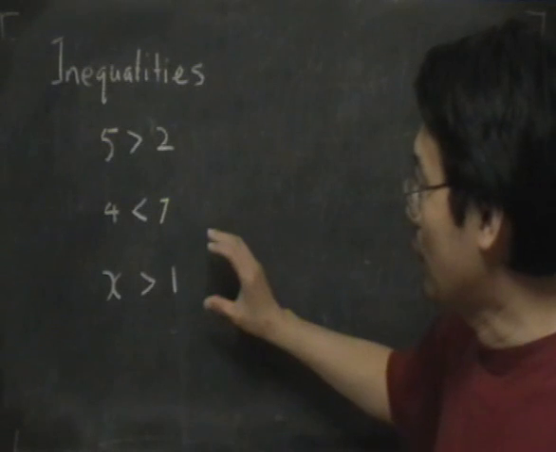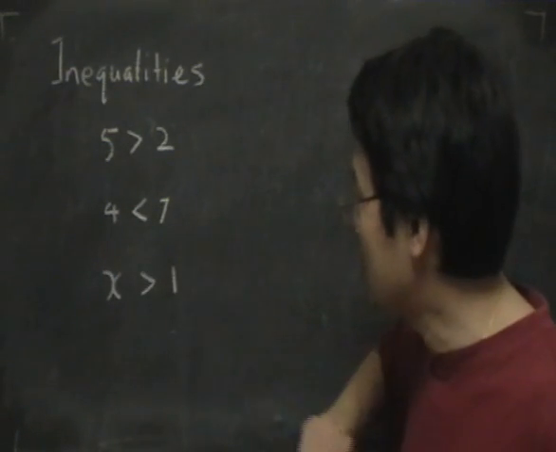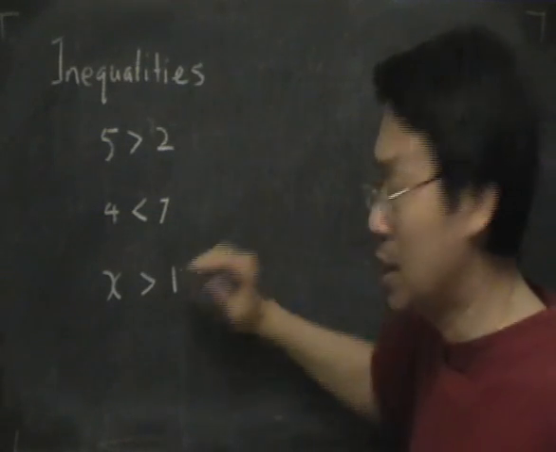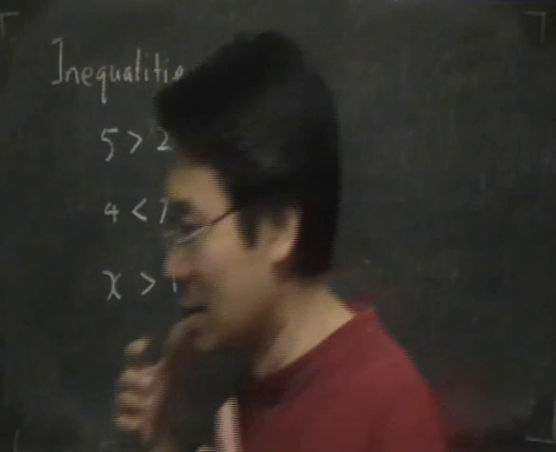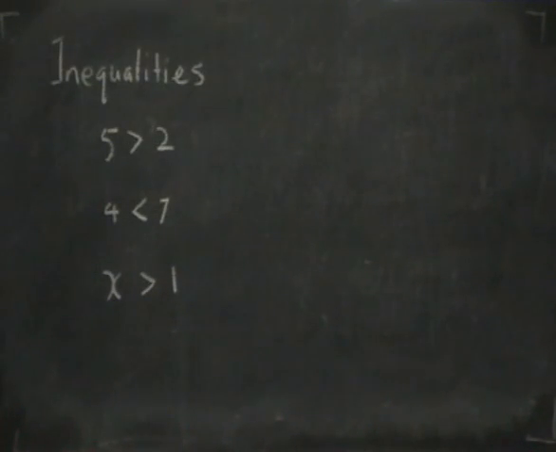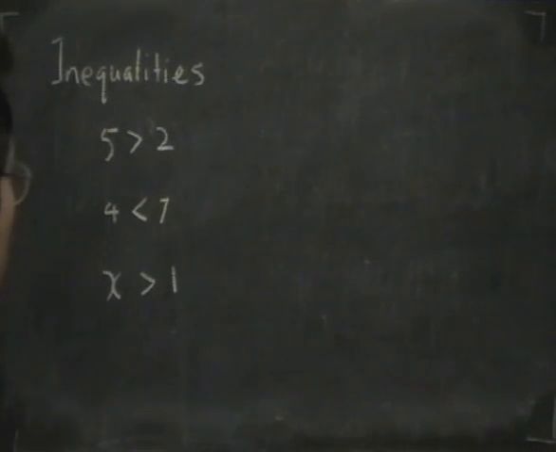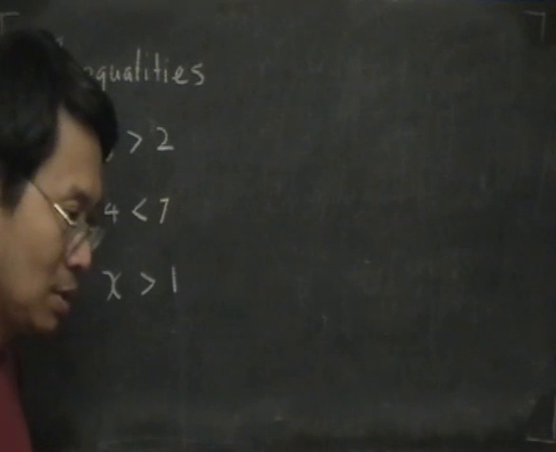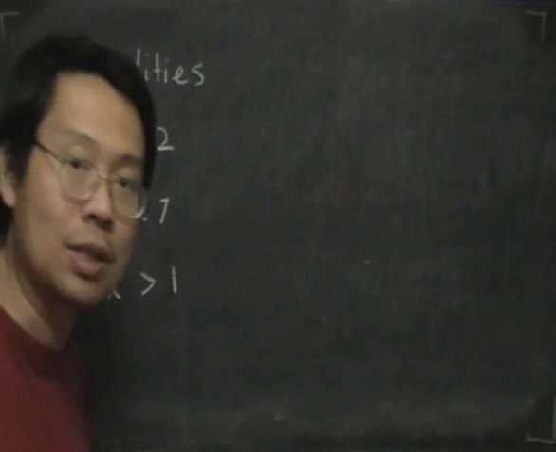So instead of calling it an equation, this kind of relationship is called an inequality. So it's like an equation, but it is a different kind of thing. We call it an inequality. Alright, so let's try and make a guess of a number x. Just pick a number like 3.